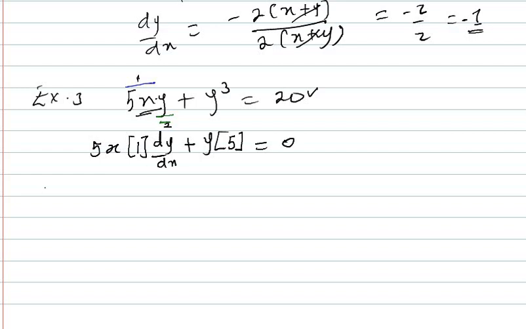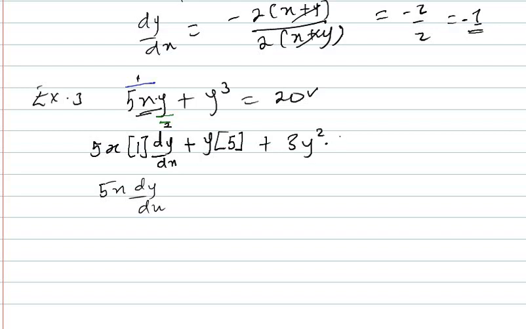From here we make dy/dx the subject. We have 5x dy/dx plus 5y, and then y³, whose derivative is 3y².